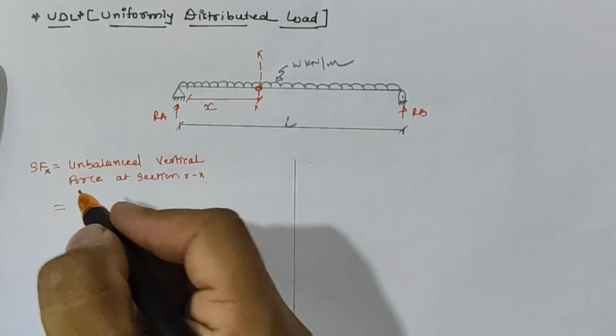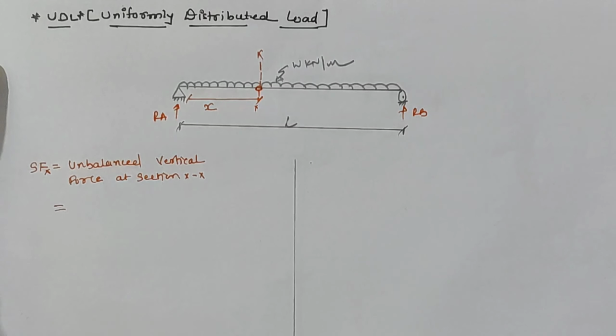Now unbalanced vertical force means total summation of force in upward direction or downward direction.